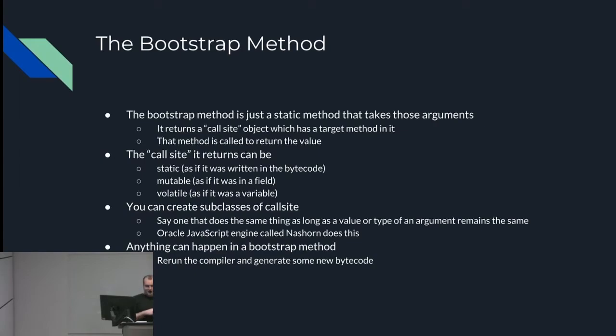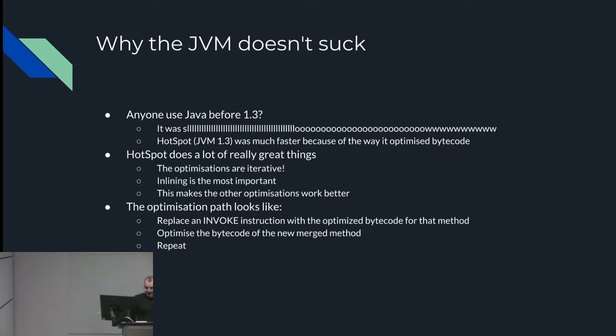And the Bootstrap method is regular Java code, so you can do whatever you need in there. You can reinvoke the compiler, generate new bytecode, load it into the JVM, take a method handle from the generated code you've just created and say, I want you to do this now. Wow.